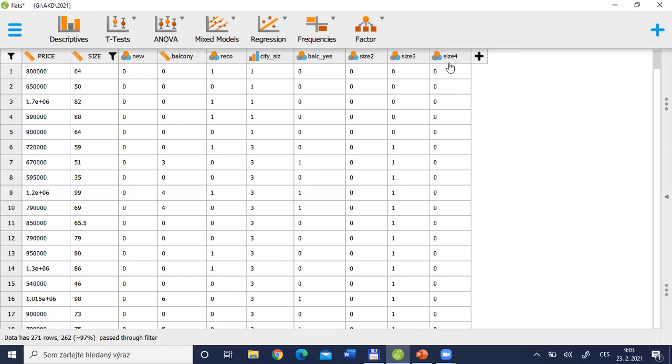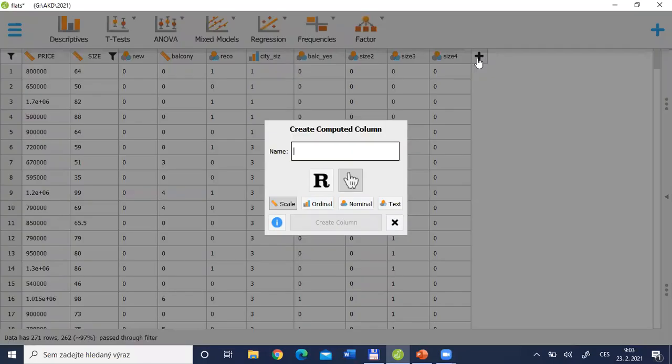Now how it works: you go to this black plus symbol in the right upper corner of the data matrix. I guess we discussed this option last time. You need to add some technical name. If you are centering variables, it is usually quite useful to add information about centering to the original name.